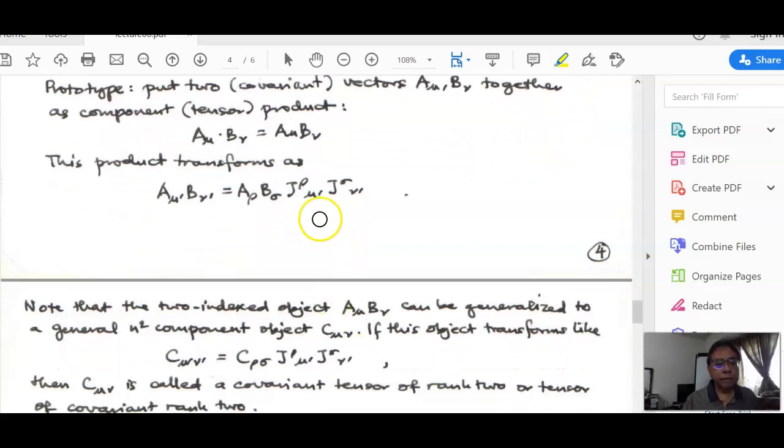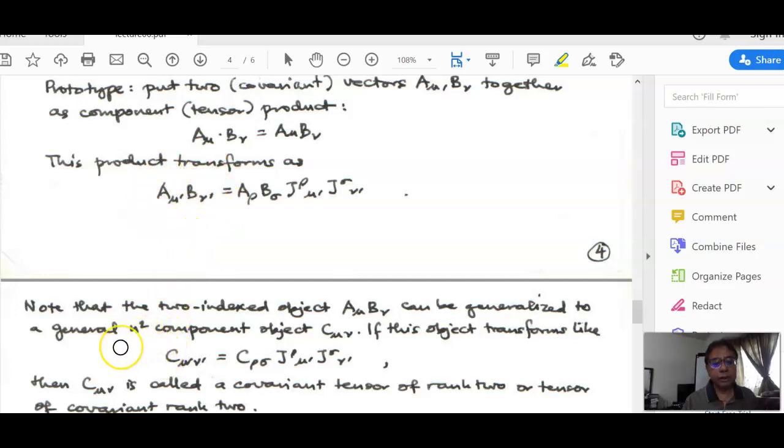Having known how the tensor product between two covariant vectors forms a new object, for example like the area we saw earlier, we can generalize this to things not necessarily defined by the product of two covariant vectors.